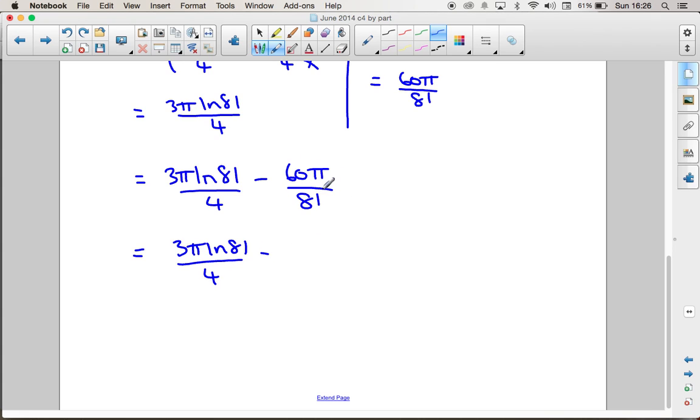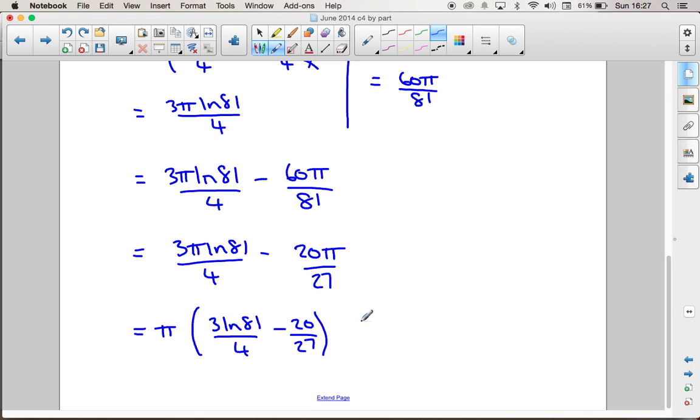They've both got a factor of 3 in them, so I could turn that into 20 pi over 27. I could, you don't need to do this, I could take the pi out and get 3 ln 81 over 4, take 20 over 27. You can stop here though, this is fine.